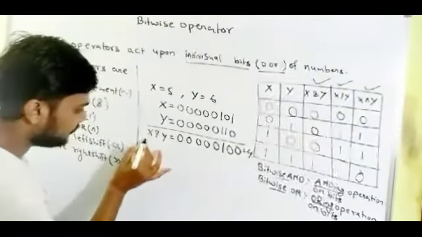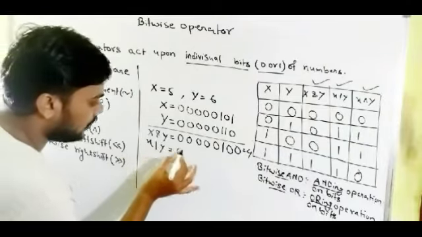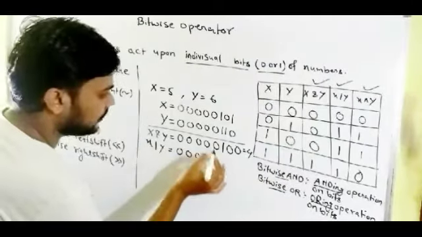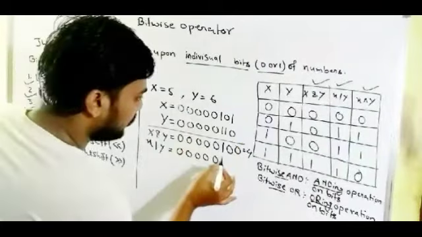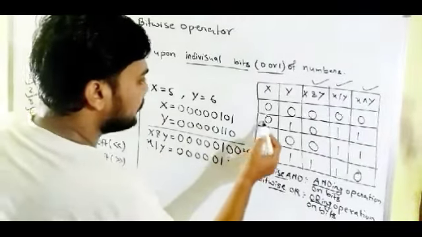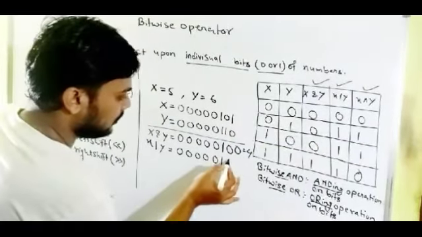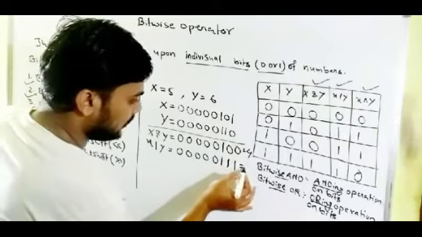Similarly, the bitwise OR operator is used: 0000 and then 0111, so the output is 7.